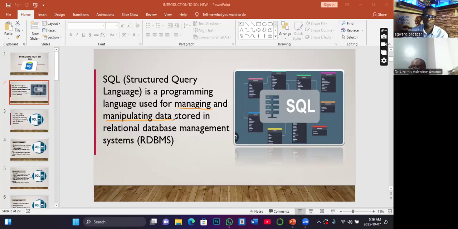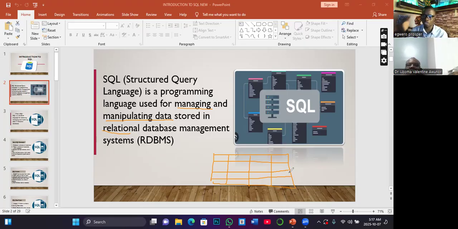Now, the term relation itself represents a table in database management. Whenever you use the word relation, it represents a structure called a table like this. And a table is a two-dimensional structure.